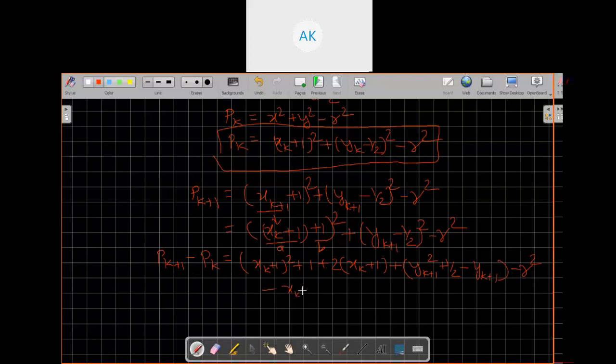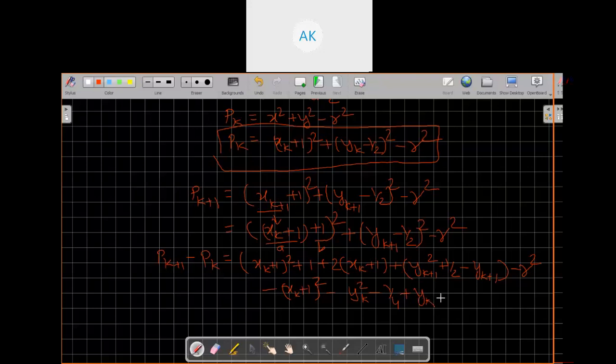Okay, just write this value here, xk plus 1 whole square minus yk. Just also apply here the a minus b whole square. So it will be minus yk square, minus 1 by 4 plus yk.